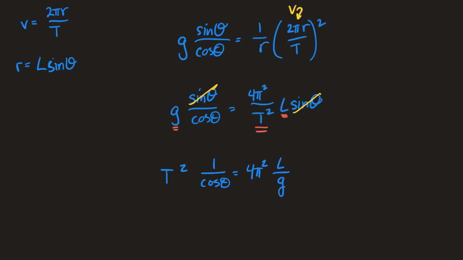I mean, all that's left is to put the cosine over on the other side. And I'll get t equals 2 pi times the square root of, well, L over G cosine theta.